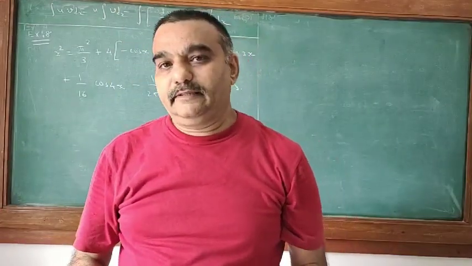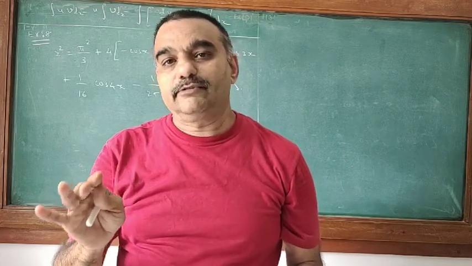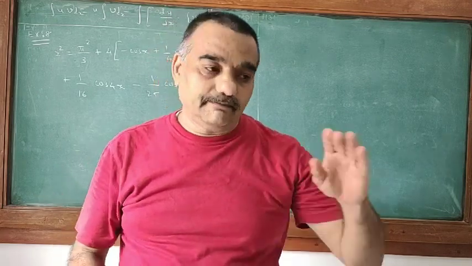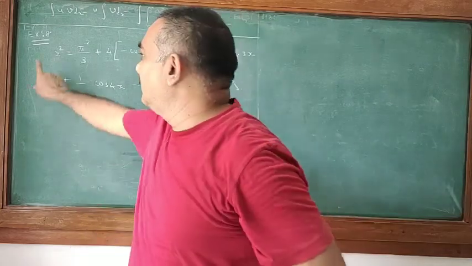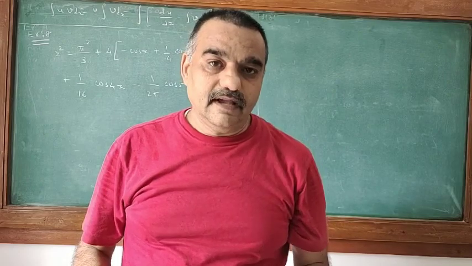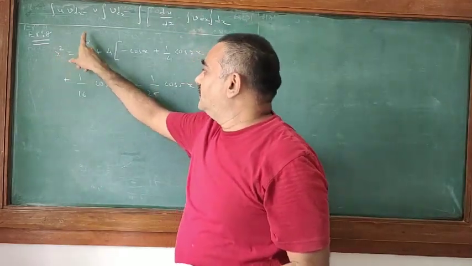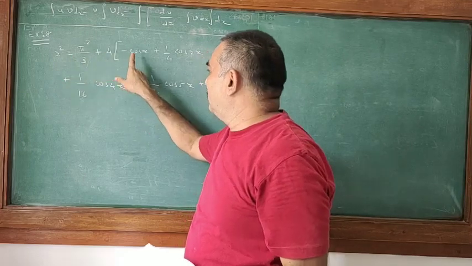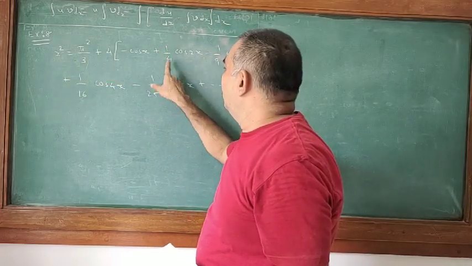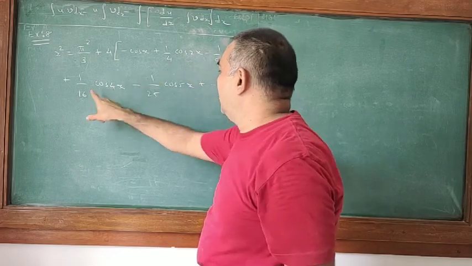Dear friends, I want to explain something more of the previous sum, that is sum number 8. In that one, we found the value of x square is pi square by 3 plus 4 times minus cos x, 1 by 4 cos 2x, minus 1 by 9 cos 3x and these terms.